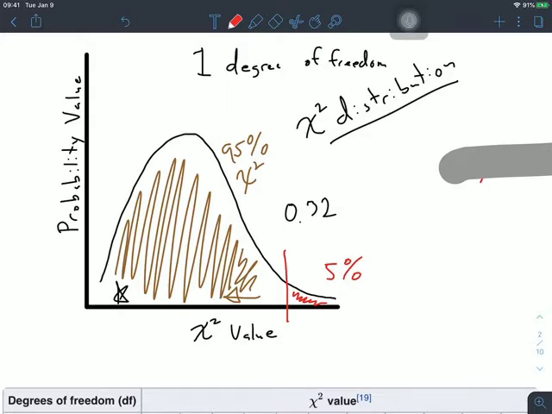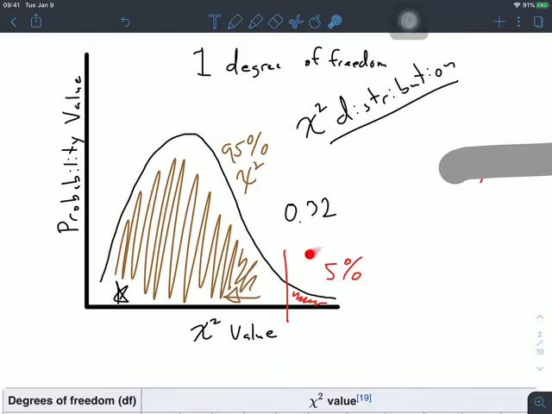So again, explaining it another way. 95% of the time, if you randomly pull sperm counts from truly unlinked loci, you're expecting to get some chi-squared value in here. But 5% of the time, you'll get a chi-squared value that lands outside of that major density underneath the curve.